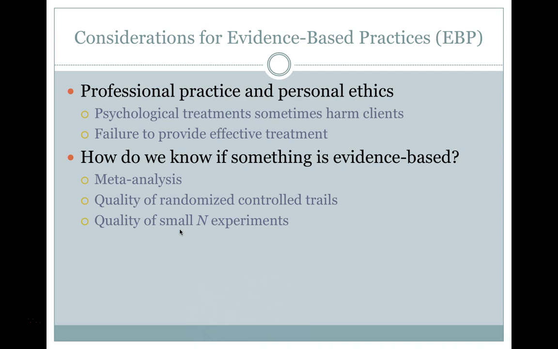They comprise a very small percentage of our population. So it can be difficult to get large quality randomized controlled trials and then conduct meta-analyses of them. So there certainly is utility in using quality small N experiments and looking at that information. And your book talks a lot about in what situations that's important.